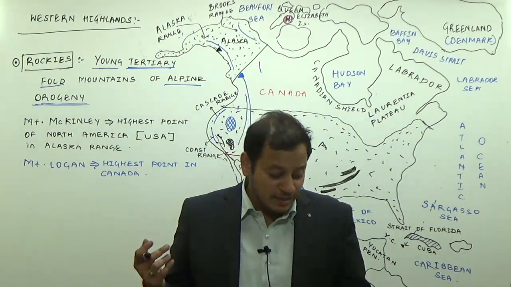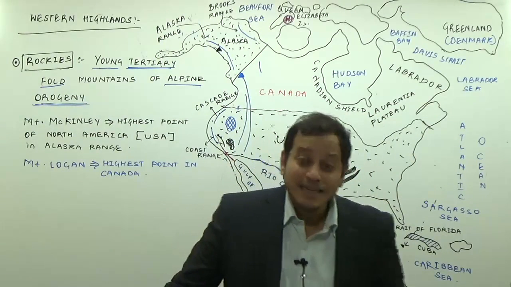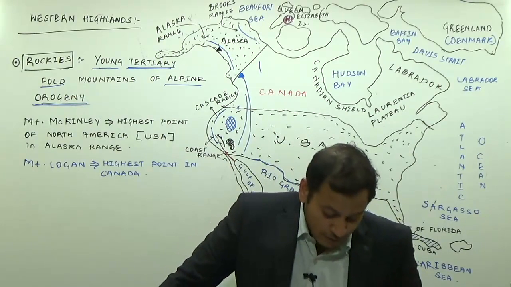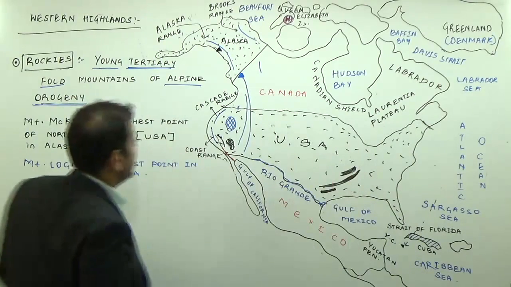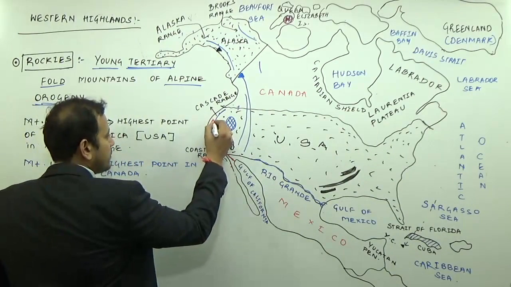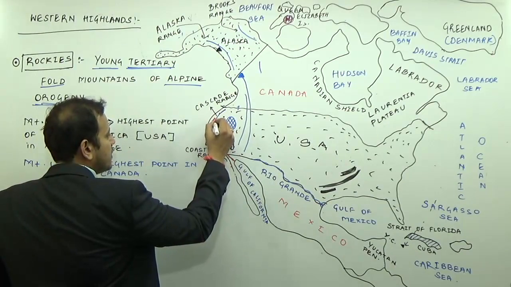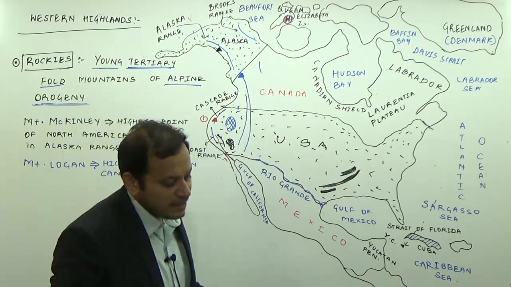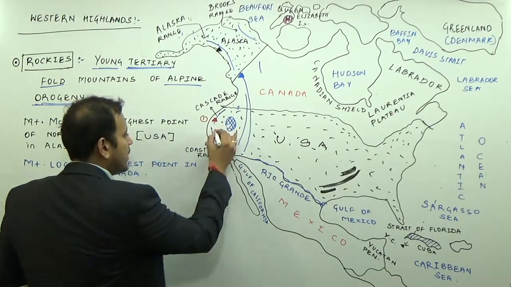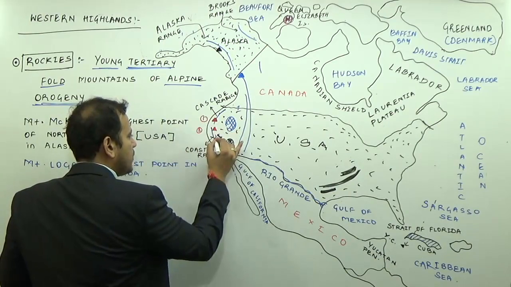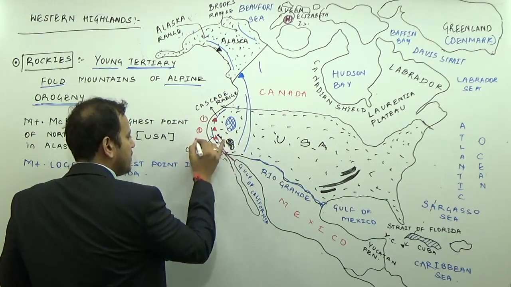Here you will also see some important mountains in the atlas. One of the mountains located here, let me use a different color so that you don't get confused, is this mountain. I will mark it as number 1. Then there is another mountain here, number 2, and the third mountain here is number 3.